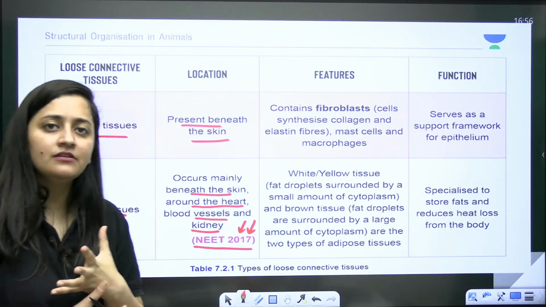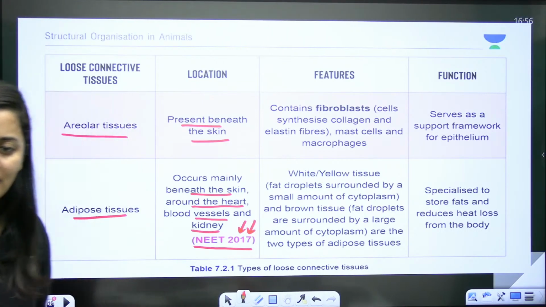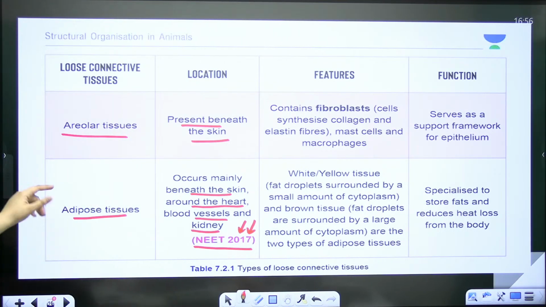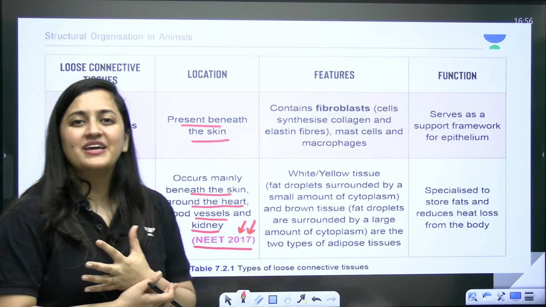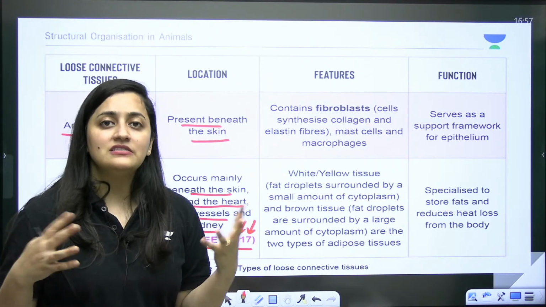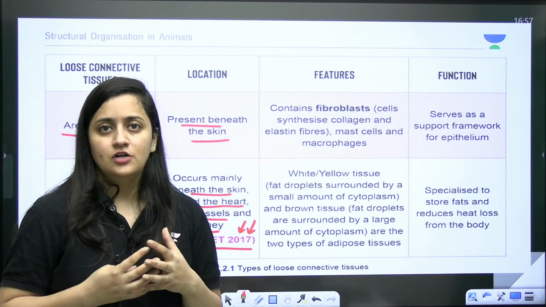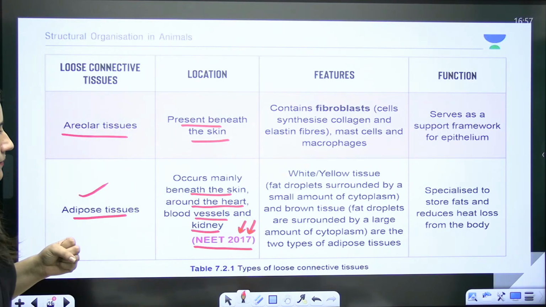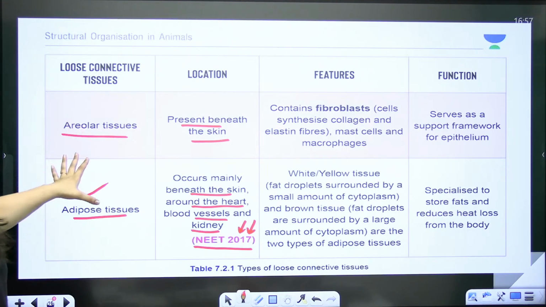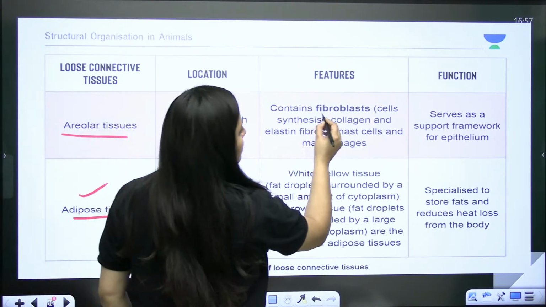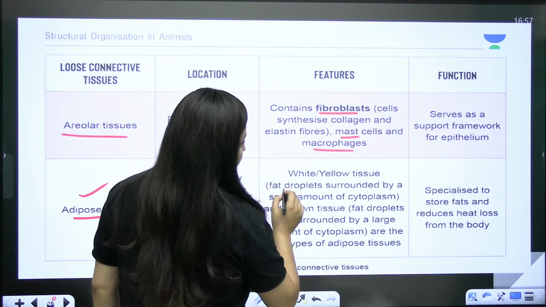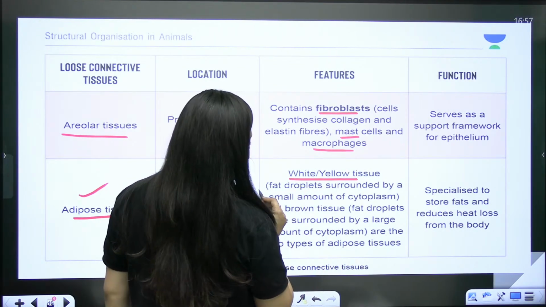Fats are present in the form of adipose cells. They form coverings, make layers, and provide cushioning to the soft organs. Areolar tissue contains fibroblasts, mast cells and macrophages, while adipose tissue is white and yellow tissue.